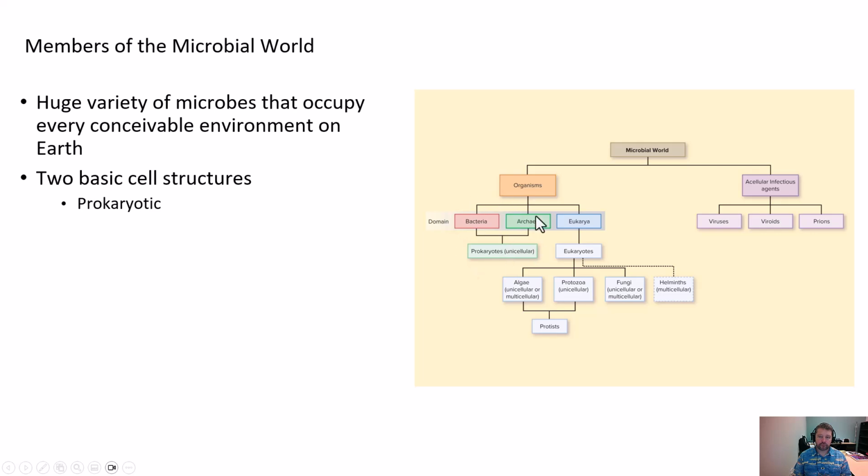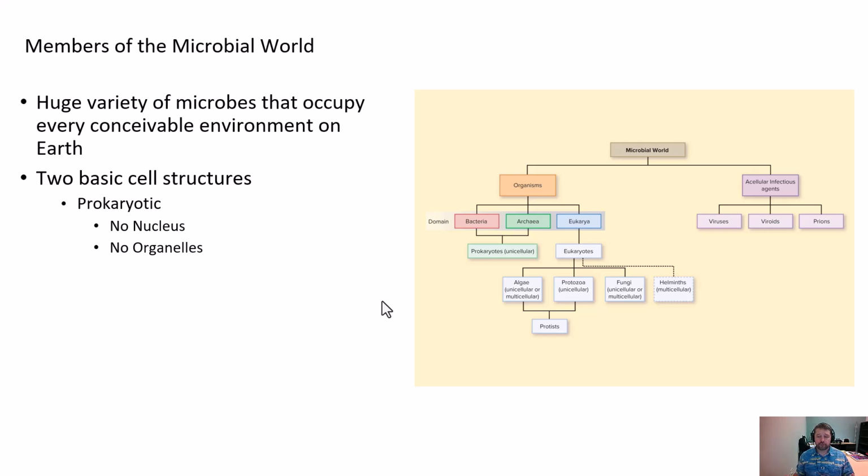They're unicellular organisms. The kingdom for both of these is the bacteria kingdom and the archaea kingdom, although sometimes the bacteria kingdom is called eubacteria, meaning true bacteria, but often you'll just see it as the bacteria kingdom.